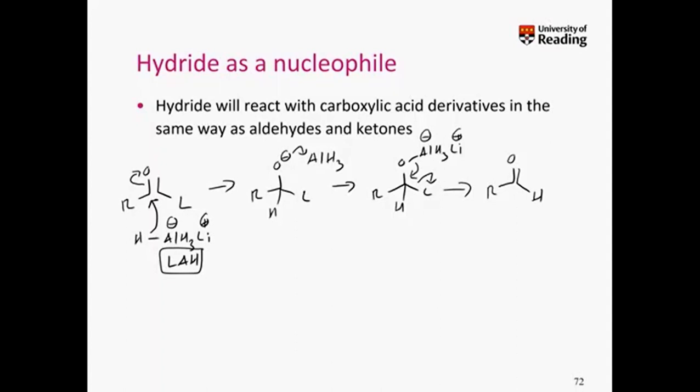And what we can then see is, well, we've got a slight problem now, because we have in our reaction mixture our starting material, which is a carbonyl, which will react with a hydride source, and we have our ketone or our aldehyde, which we also know will react with the lithium aluminium hydride. And what we'll see right at the end of the reaction is, depending on what the L group is, the aldehyde could be more reactive than the carboxylic acid derivative.